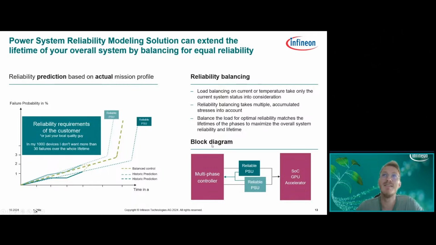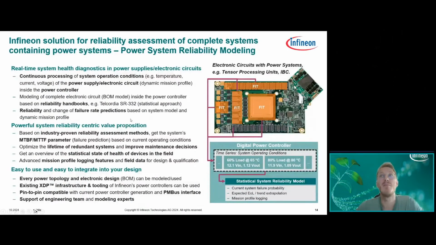So, summarizing, our power system reliability solution is a real-time system health diagnostics for power supply circuits. We continuously process the system operating conditions in the digital power controller itself. We have a reliability model which is compliant with the reliability handbooks, so accuracy is validated.